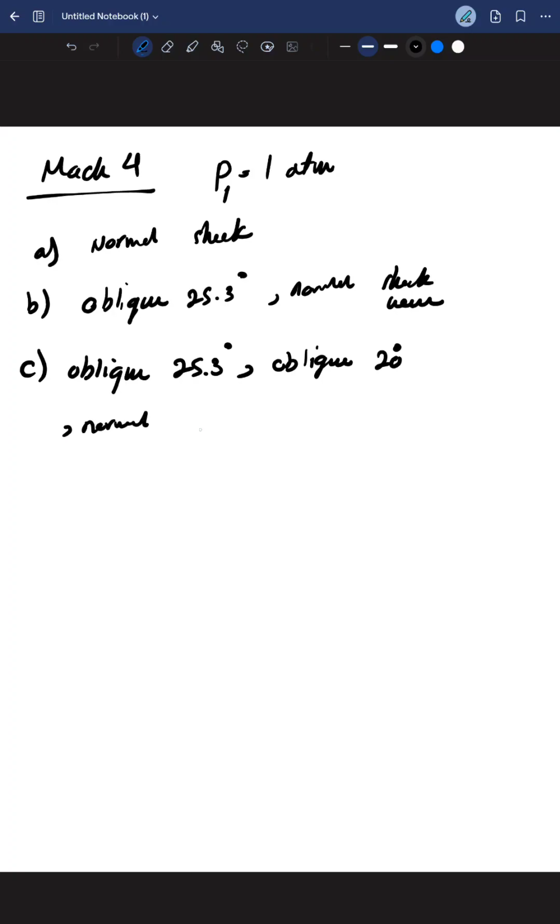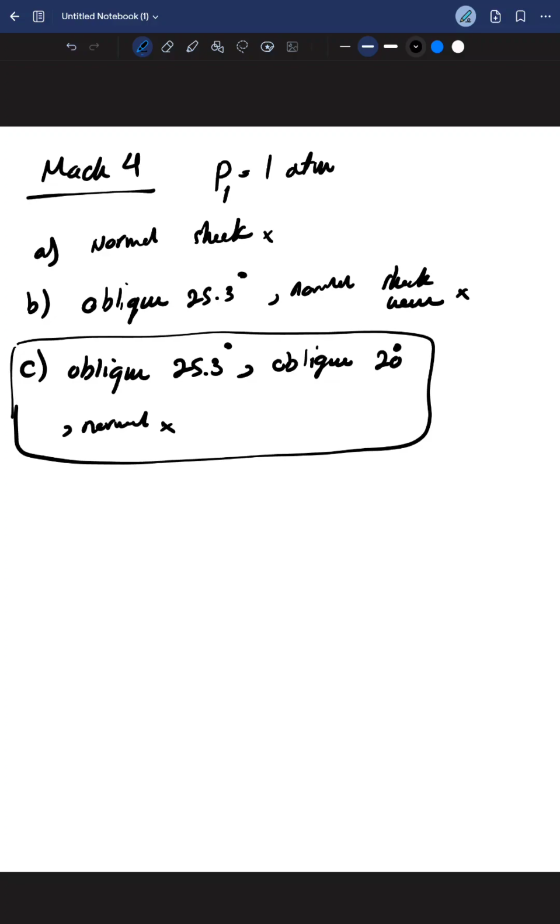We essentially have to calculate the ratio of total pressures between the point after the normal shock wave in each case and the total pressure of the upstream, and compare the two. This, I guess, is the hardest one of the bunch, part C. We are going to focus on part C and go from there.